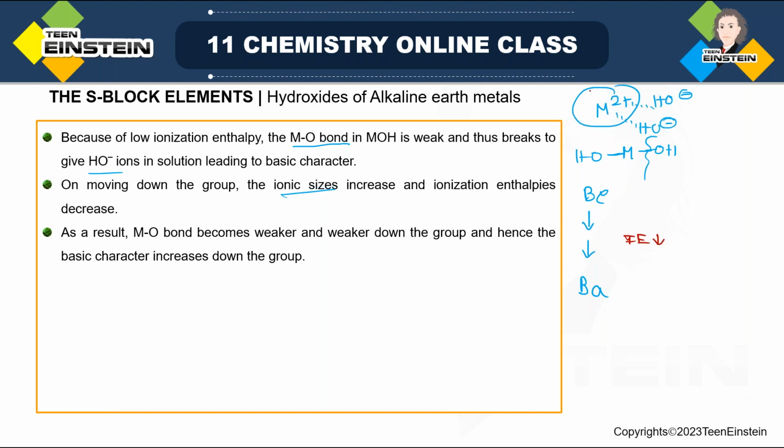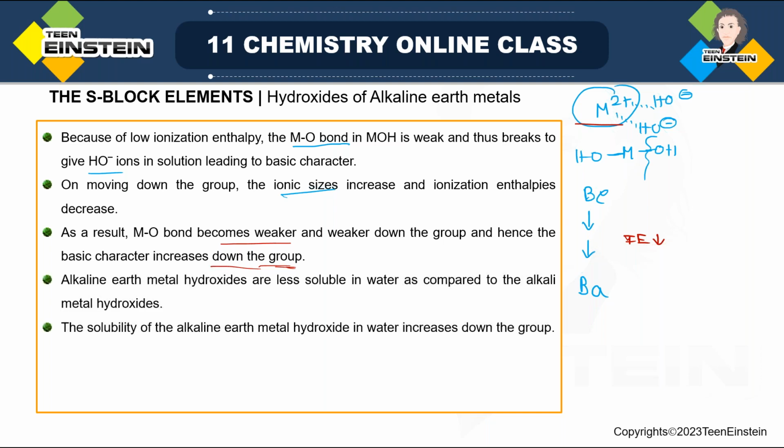Because the size of M2+ is high, the distance between M and the oxygen bond is also high, so you can easily break it. As a result, the M-O bond becomes weaker down the group, and hence basic character also increases down the group. Right? You can easily get HO minus ion. That is the reason.